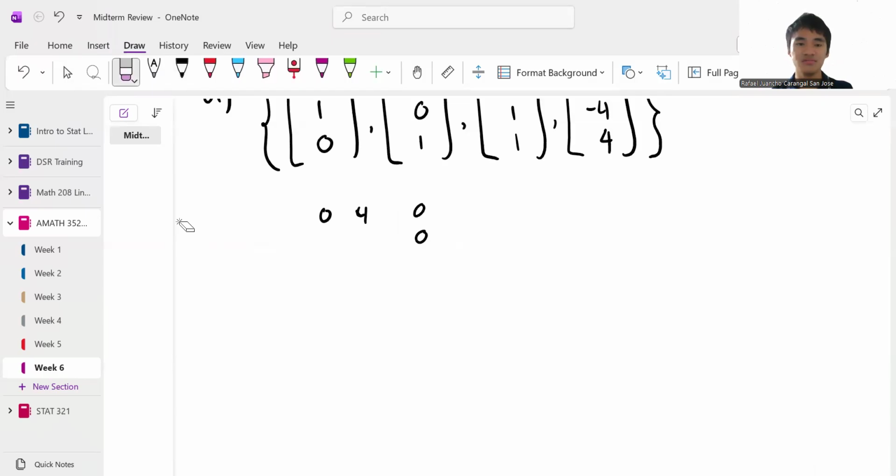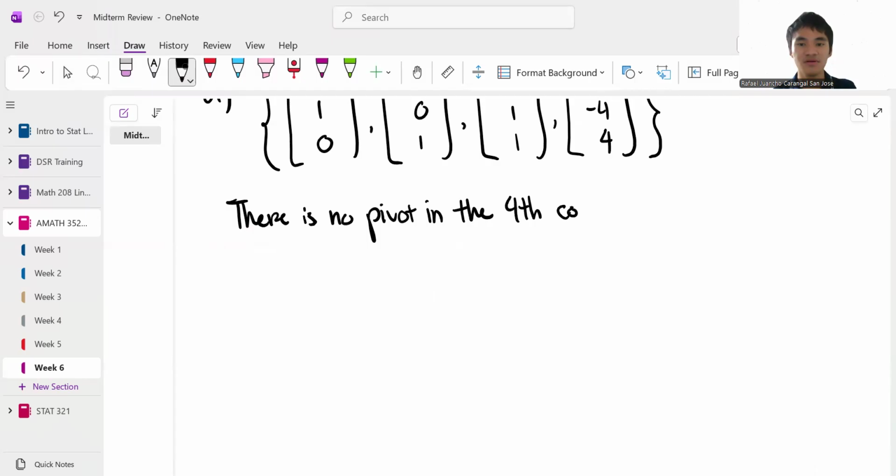So actually, here's the thing. We don't even have to, we can just eyeball it. There is no pivot in the fourth column. Even if we convert it to row echelon form, there isn't going to be a pivot in the fourth column. This is guaranteed. Or if there is, there's going to be some free variable somewhere. So off the top of my head, it's dependent.